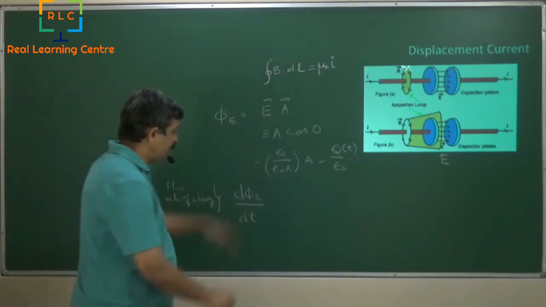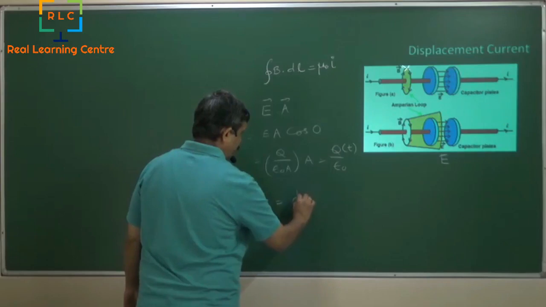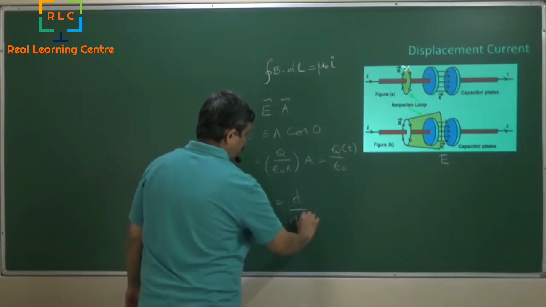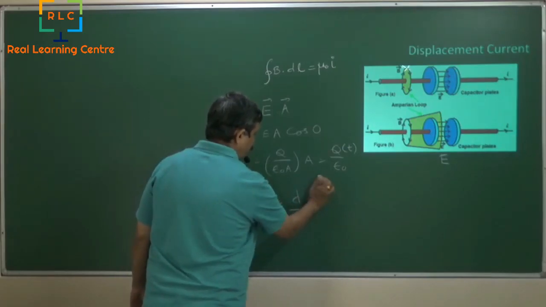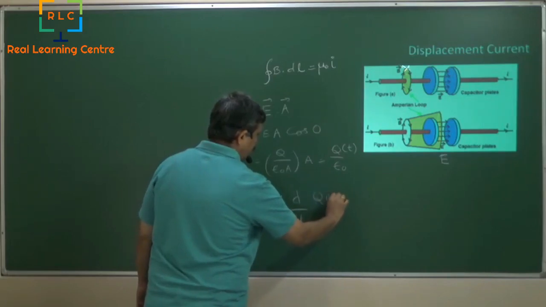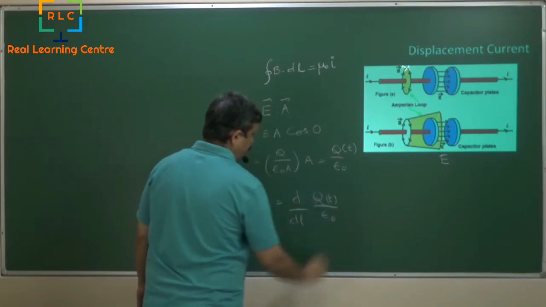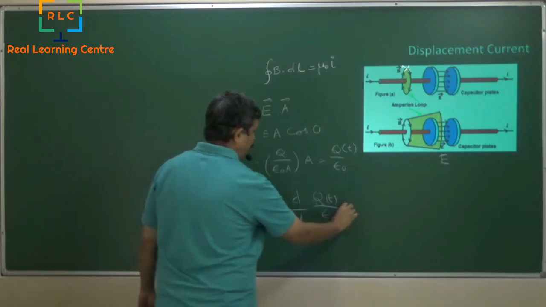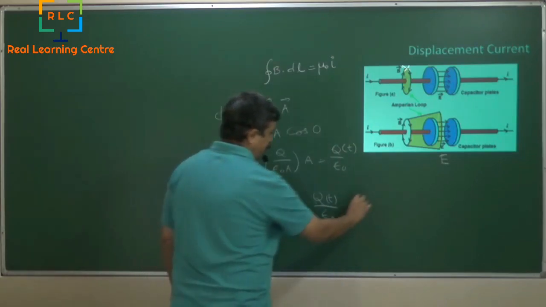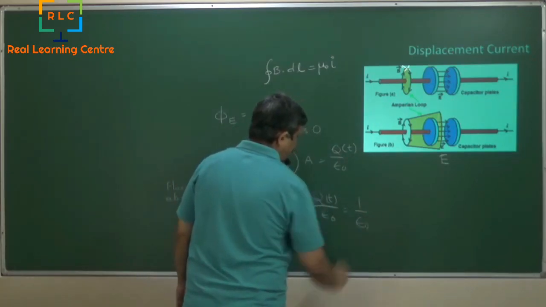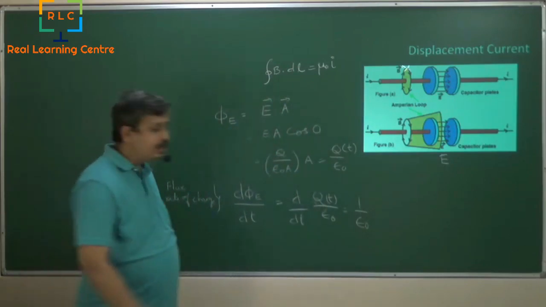So on the right side also we differentiate, which is nothing but d by dt of Q of t by epsilon naught. Or we'll say 1 by epsilon naught, we'll take it as constant outside, and this is nothing but dQ by dt.